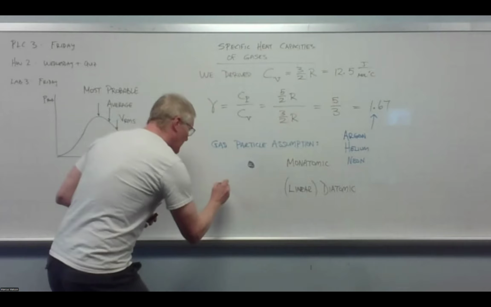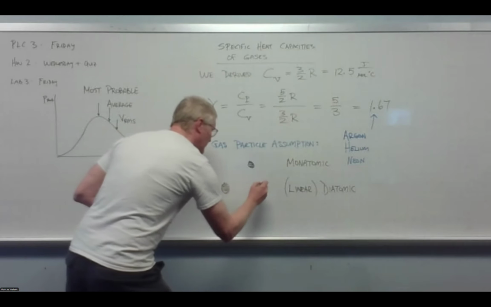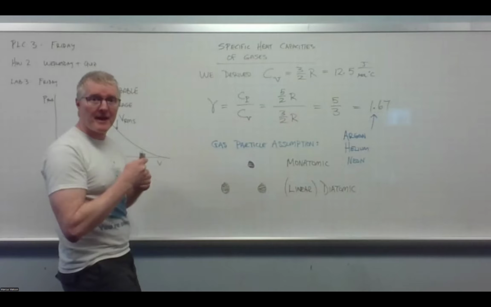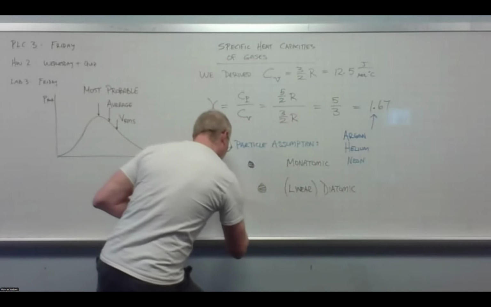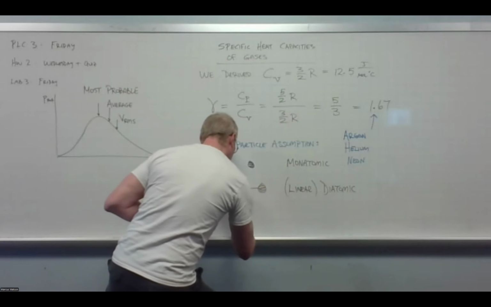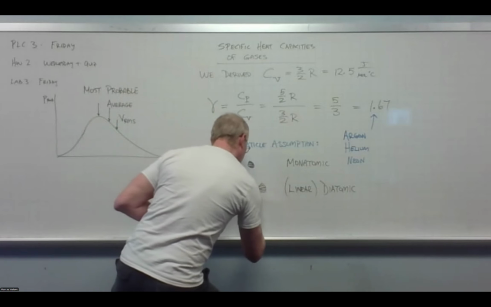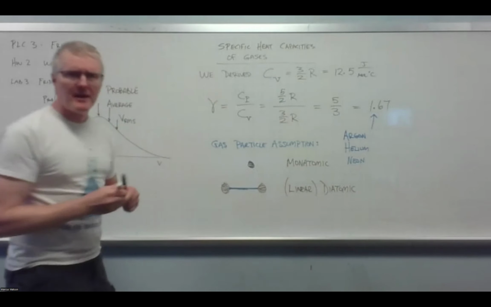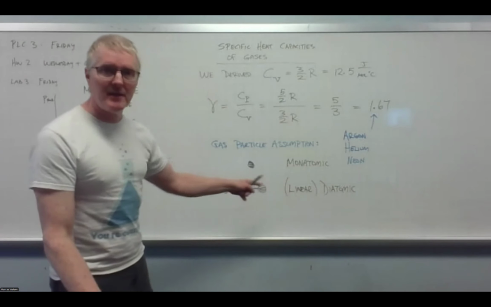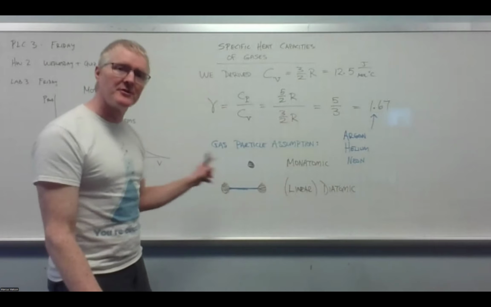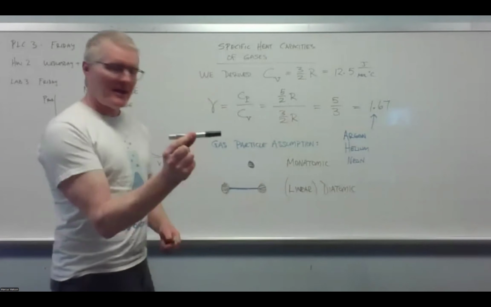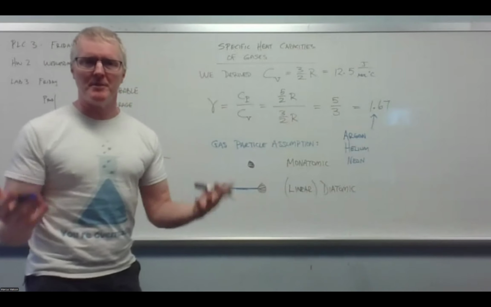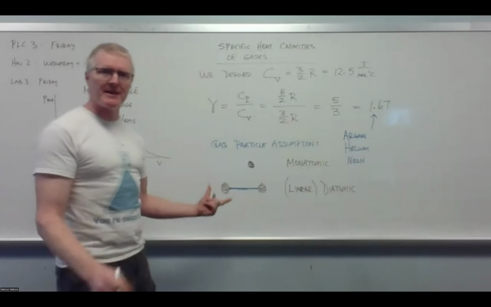A diatomic would mean that I have basically a barbell. I have atoms on either side and a thing connecting them. It could be a spring, could be a bar. We don't know what it is, but there's something connecting these things.